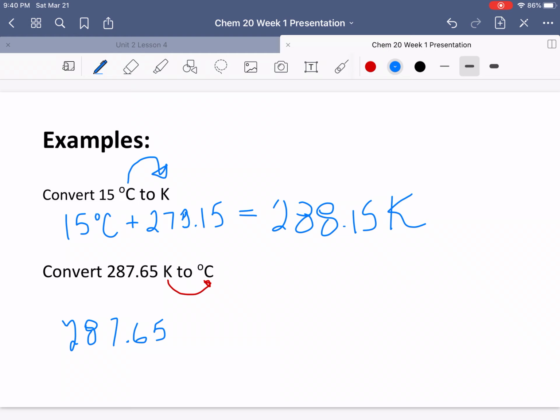So 287.65 Kelvin, and this time subtract 273.15. And in the end, take out your calculators, do some number crunching, please. 14.5 degrees Celsius. I'm doing my best writing on this thing, guys. My leftiness is a little interesting, so here's hoping it keeps working.